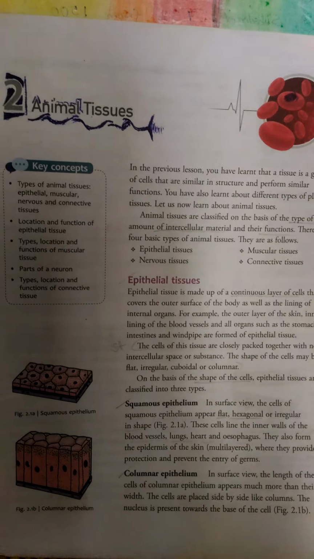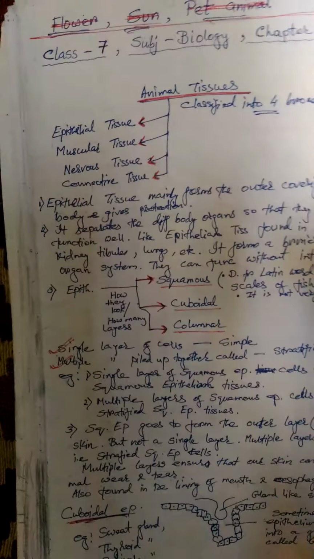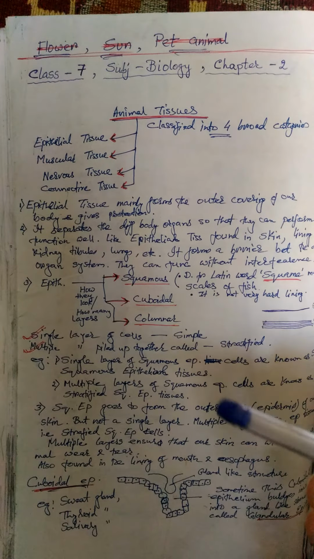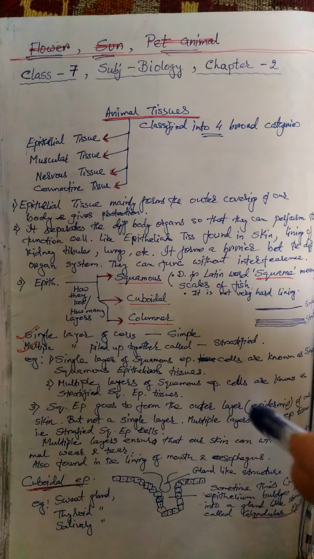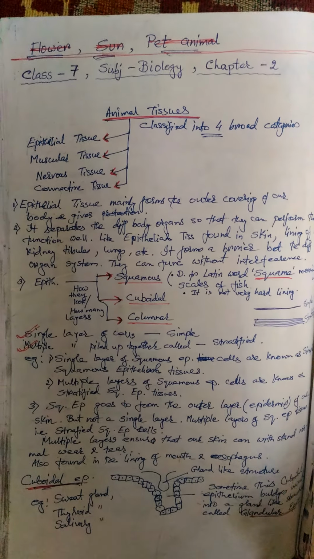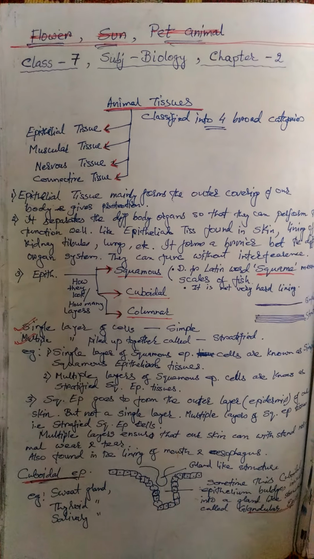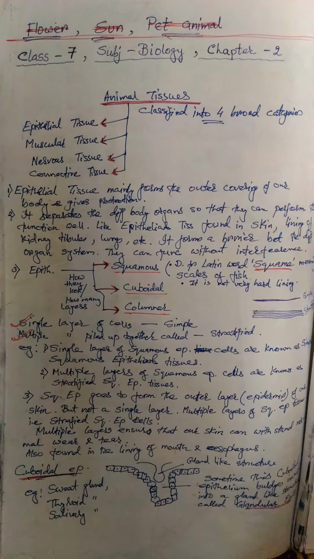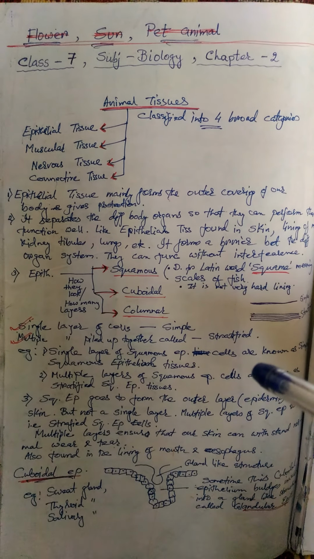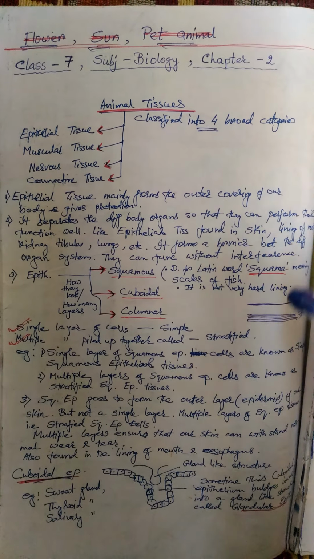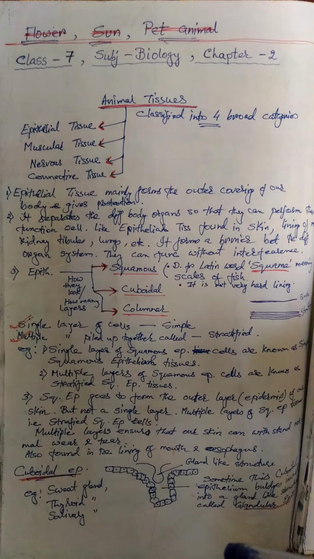You can see here I have made some few points which will help you to understand. Now this epithelial tissue mainly goes to form the outer covering of our body, as well as there are many internal organs in our body to perform different complex functions. This epithelial tissue also forms an inner lining of all those organs.